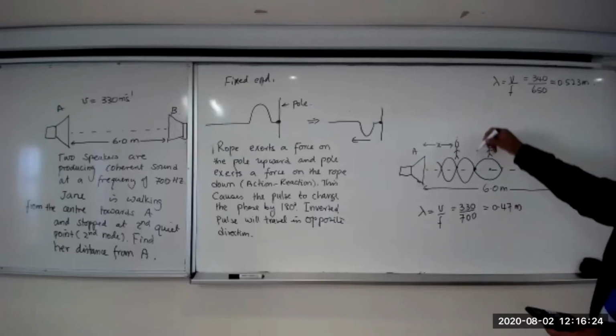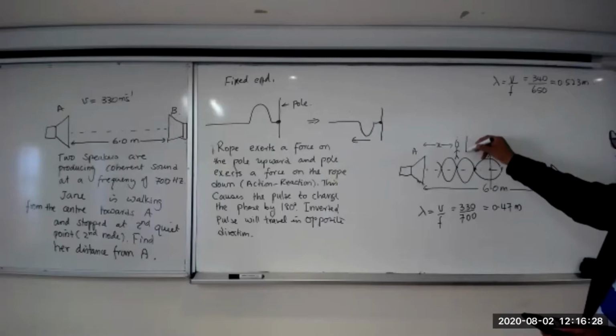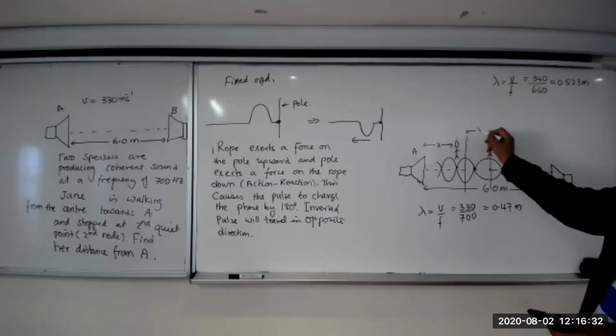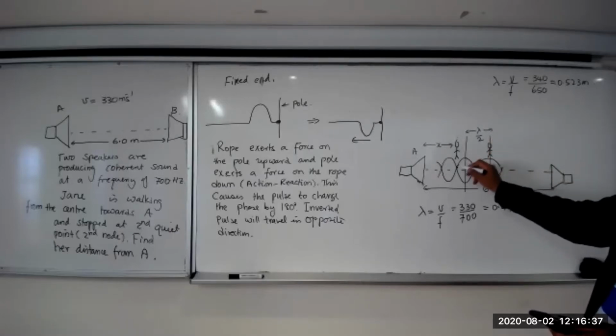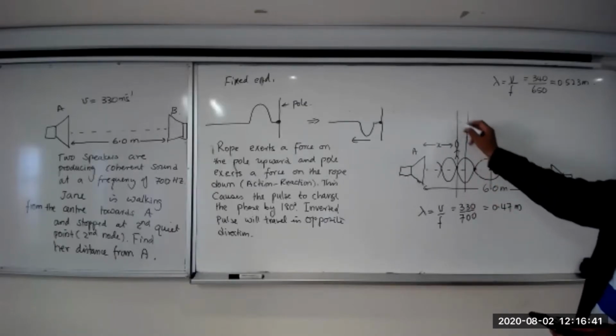Again, you can see from here to here, antinode to antinode, that's half a wavelength. And antinode to nodal point, that's a quarter. Again, she is traveling 3/4 of a wavelength.